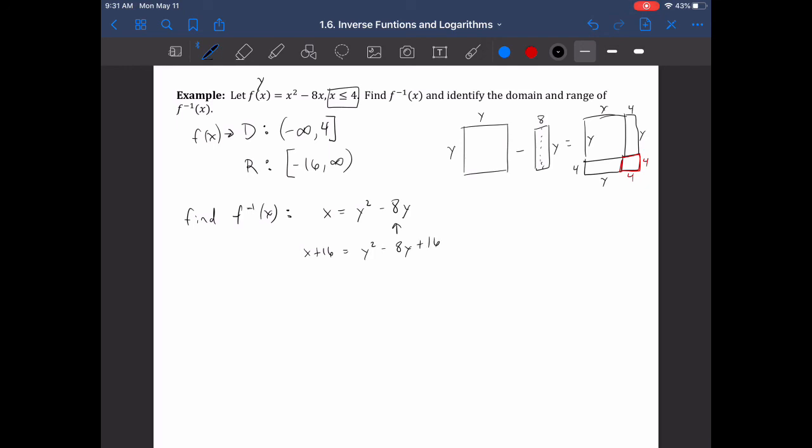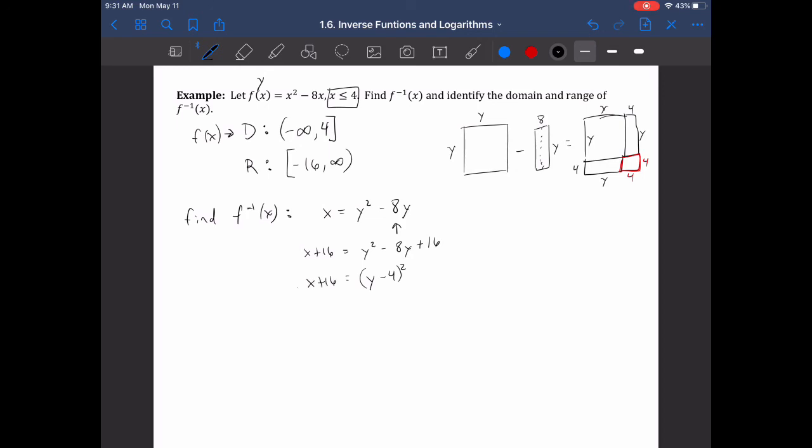And when we do that, we can actually go through and start solving this. The right hand side is just going to become y minus 4 squared, because 4 times 4 is 16, and negative 4 times negative 4 is 16, and negative 4 plus negative 4 is negative 8, equals x plus 16.